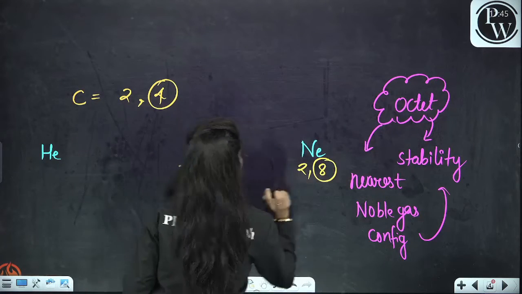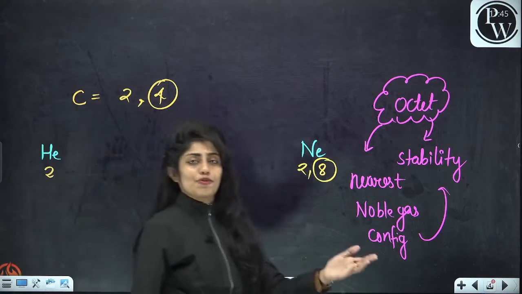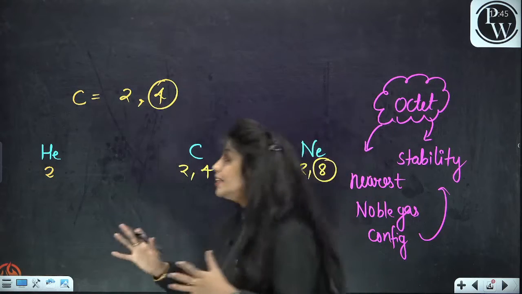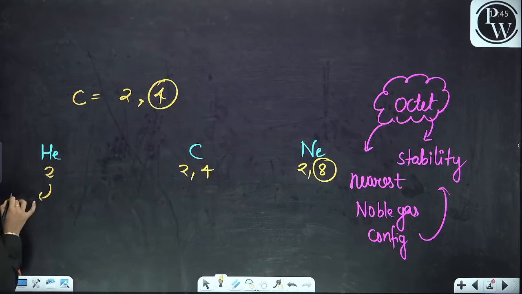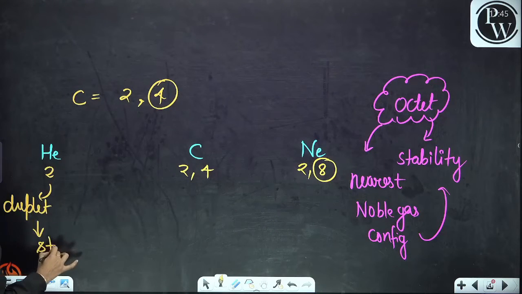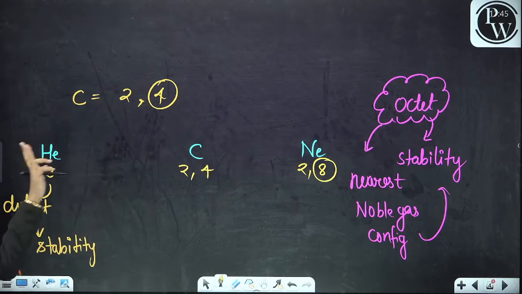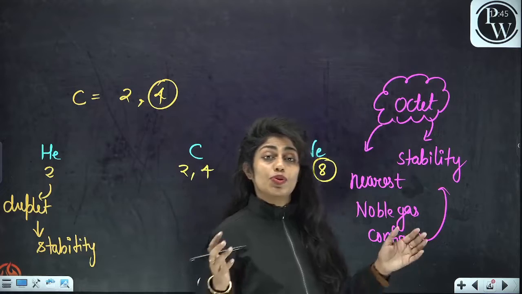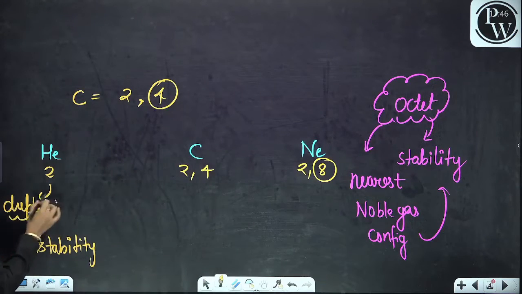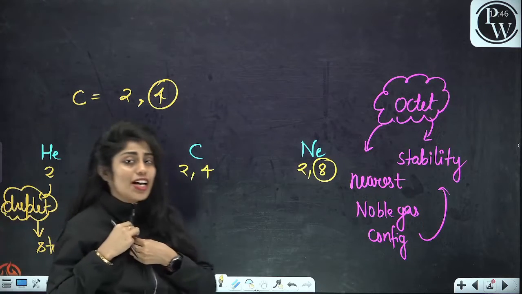See, the octet is completed here, and helium is having only one shell, the first and last shell, the K shell, having only 2 electrons, so completing its duplet. Duplet is also for stability. Duplet stands for 2 electrons in the outer shell, and it is also for the stability concept.